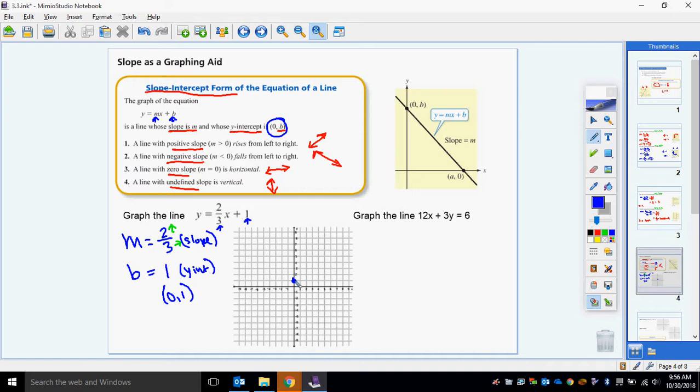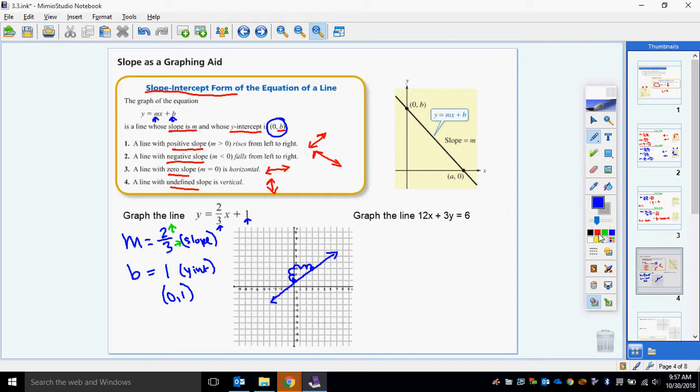So if I start at the y-intercept and I rise 2 and I run 3, I've just created a 2/3 slope that goes through that y-intercept. Up 2 and right 3. And I can connect those dots. I really only need 2 points to plot a line. Okay, so this line matches this equation.